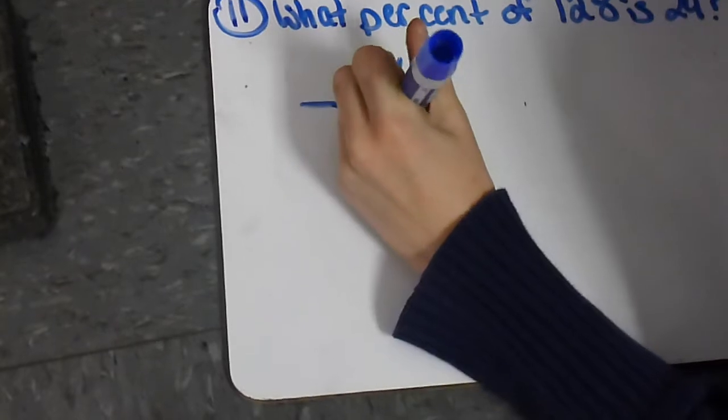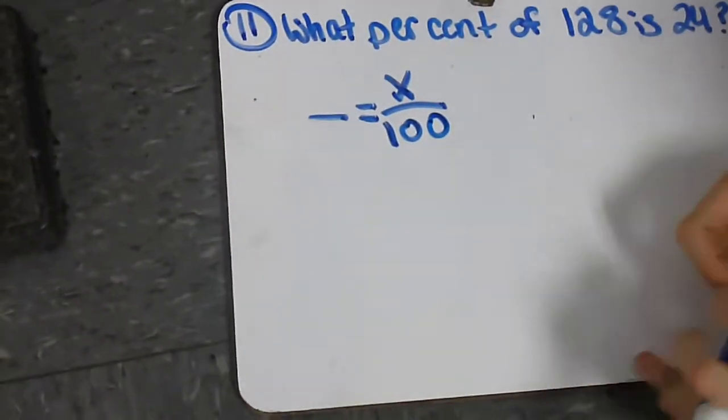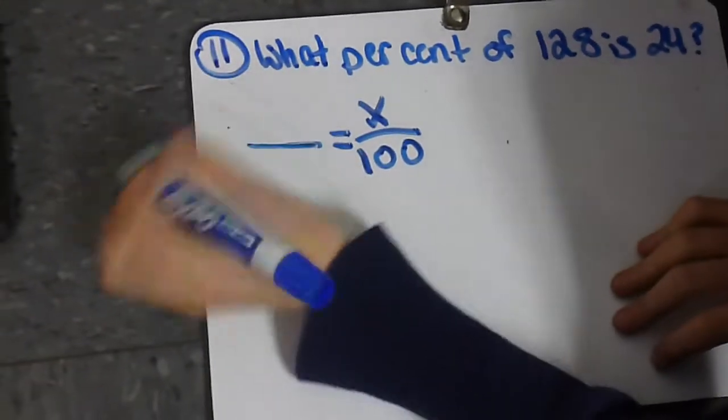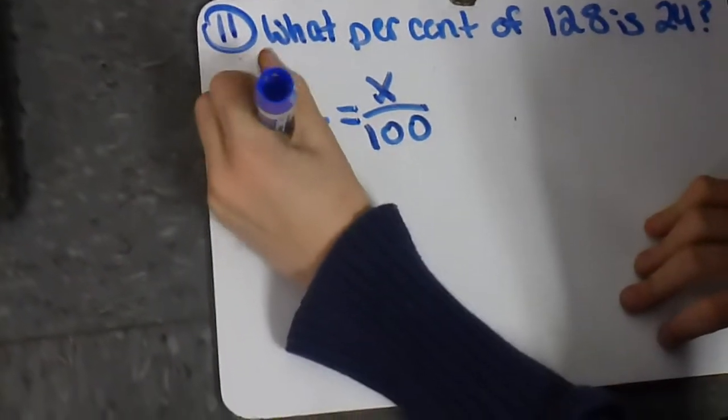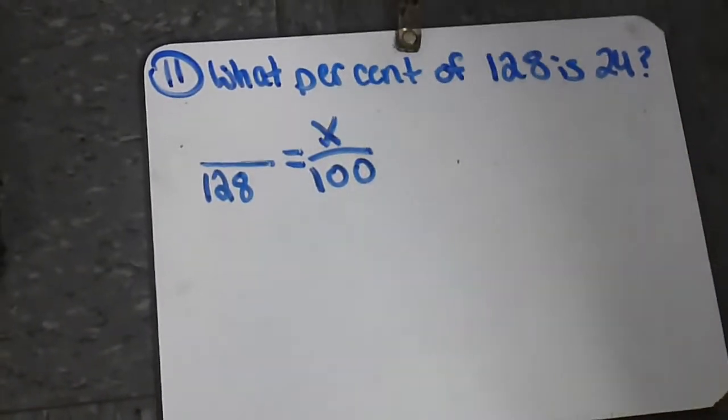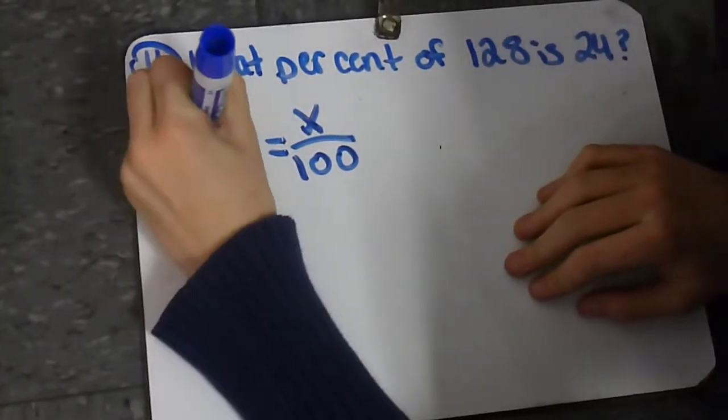But we always know a percent is over 100. And of 128, so the of is on bottom. So we're going to put it on bottom. And then the is always on top. So 24 would be on top.